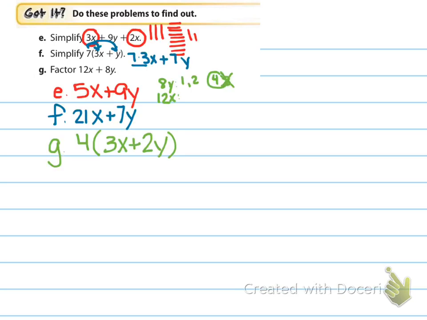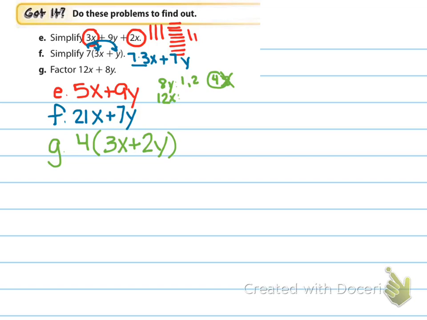All right, and here are my answers for E, F, and G. I combined my like terms in E, so I put my 3 x's and my 2 x's together to make 5 x's plus 9 y's, because there's nothing I can combine with my 9 y's, so I just leave them alone.